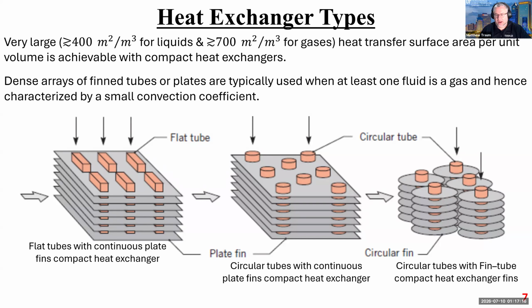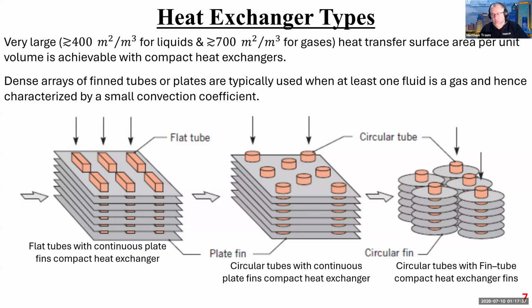And then this third one is just a variation on the second one, which is instead of having the fins all attached to each other as plates, we adopt a more circular cylindrical type geometry, and we have circular tubes with circular fin tubes in this compact heat exchanger arrangement, right?